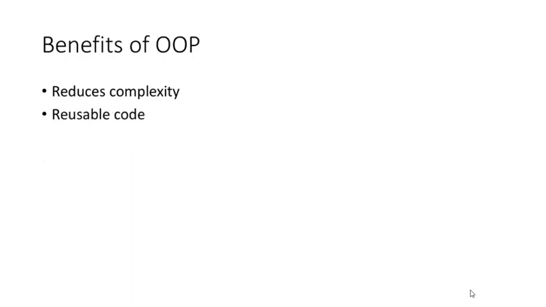The second benefit is that you get to use reusable code. In object-oriented programming, the code that you write once can be reused several times. And the third benefit of object-oriented programming is that it restricts the unwanted changing of data. In procedural programming, as we had seen, the global data gets changed by the different functions.